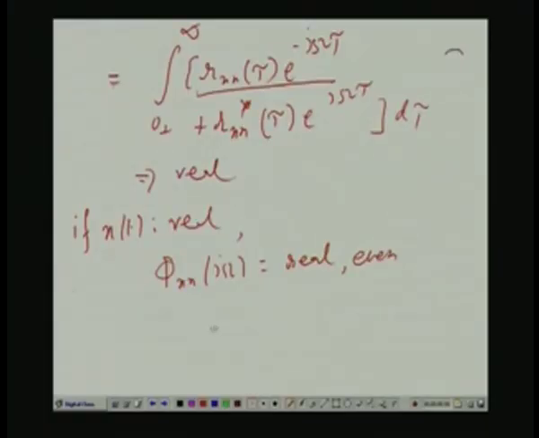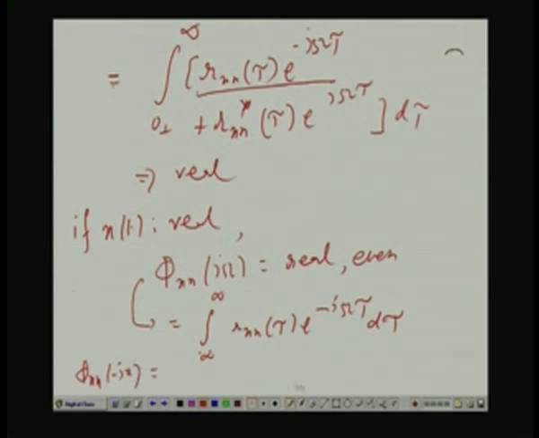If you are still insistent, we can easily see this is equal to what? Integral from minus infinity to infinity of r x x tau e to the power minus j omega tau d tau. So, what is phi x x minus j omega? Minus j omega means everything else remains the same, and it becomes e to the power plus j omega tau.